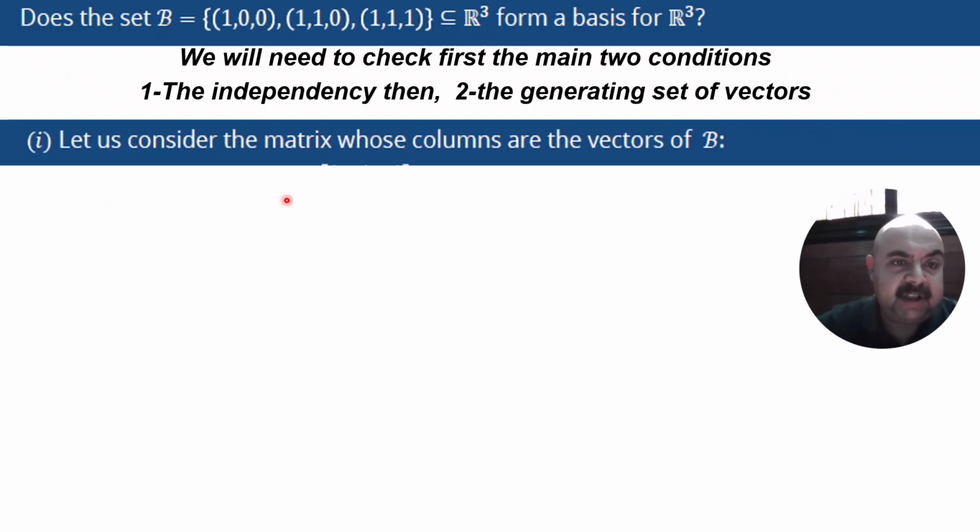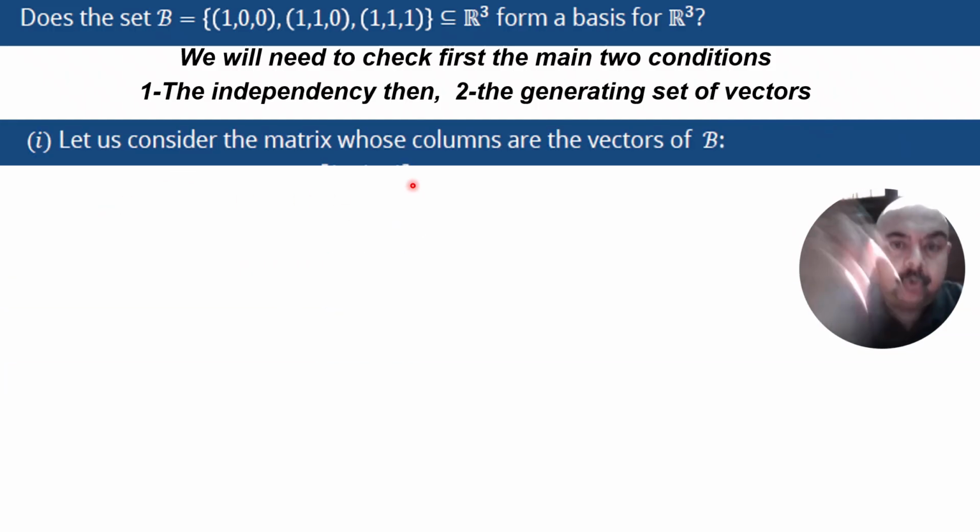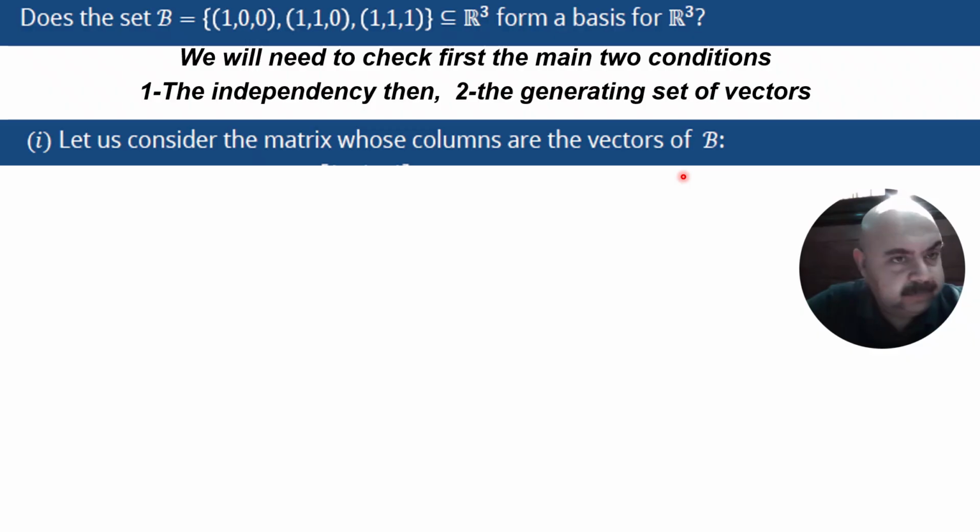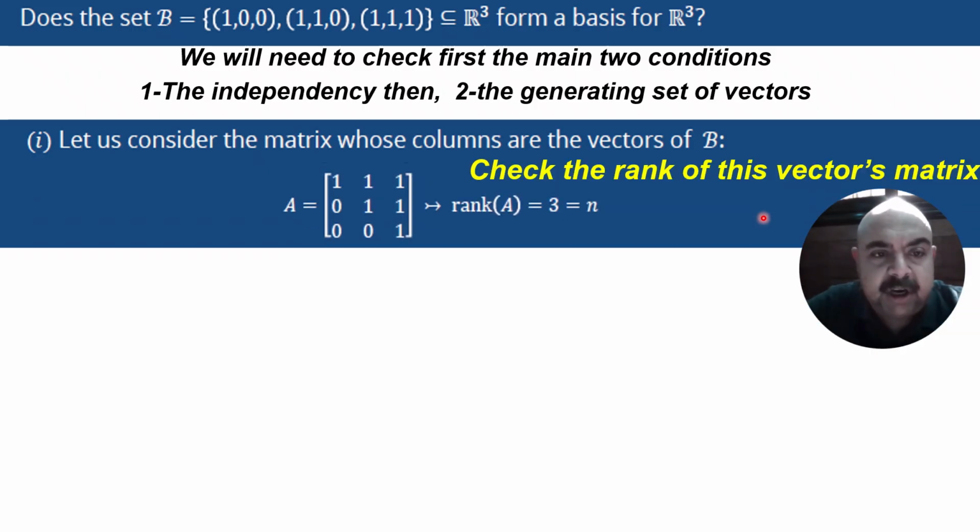For the independence, let's consider the matrix whose columns are the vectors of beta. Then I check the rank of this matrix: the first vector is the first column, the second vector the second column, and the third vector the third column.